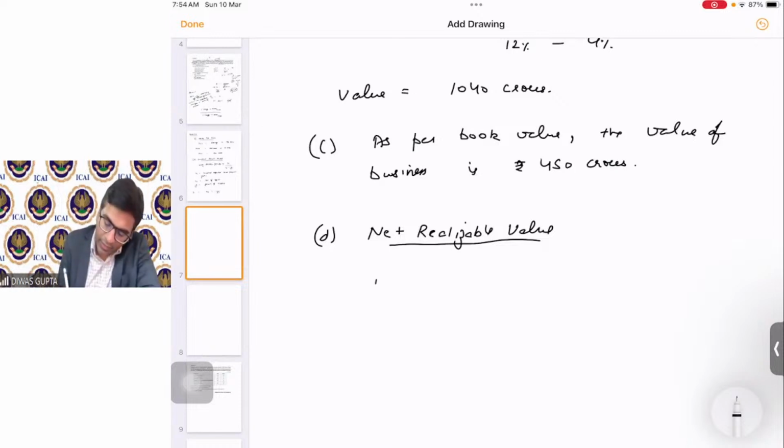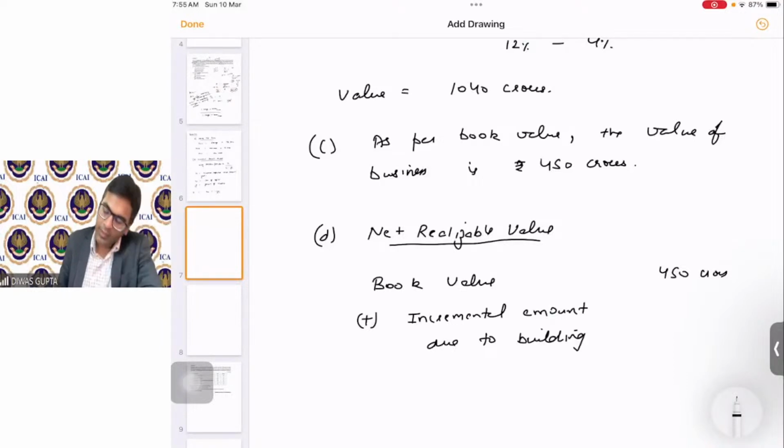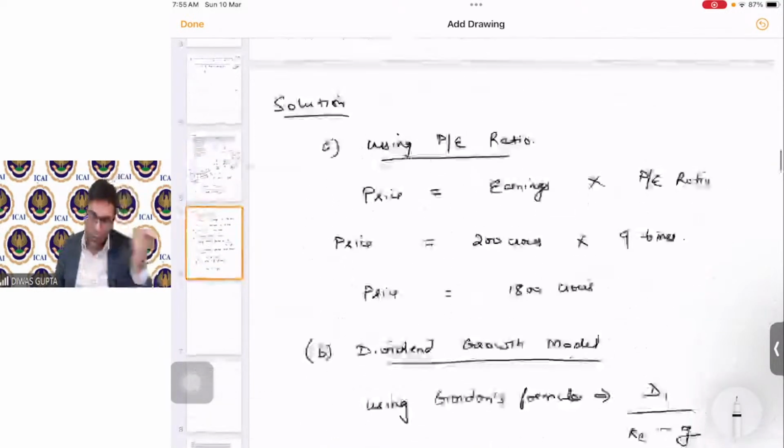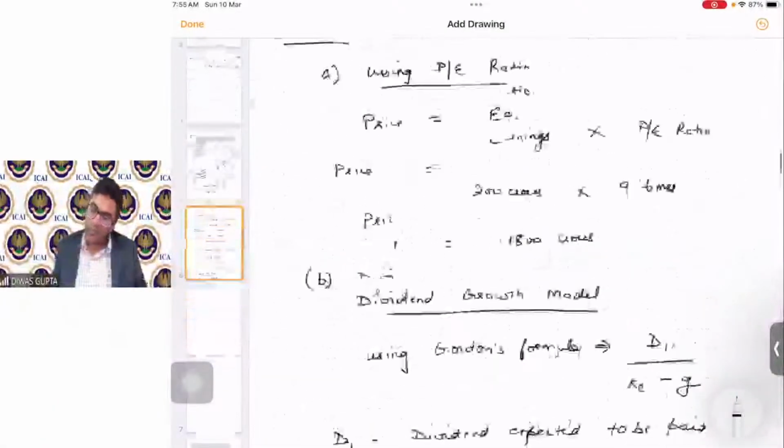So let's take the book value, first of all, of 450 crores plus the incremental amount due to the building. Correct? It was mentioned that the building will be sold at a higher amount, which is 200 crore.